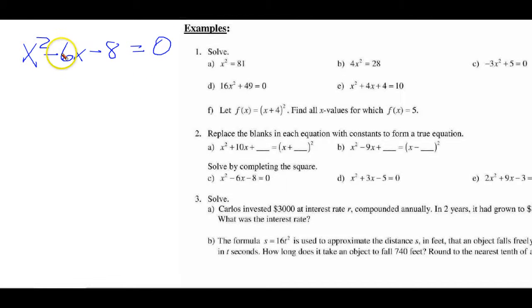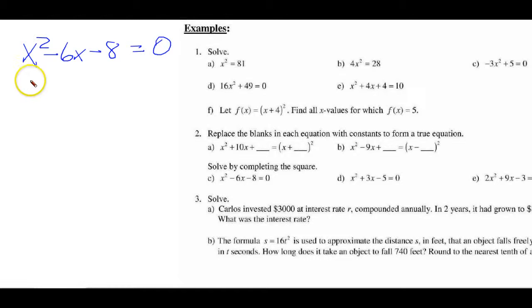We want to solve this equation by the process called completing the square, which is what we've practiced up here. This process that we did was called completing the square.